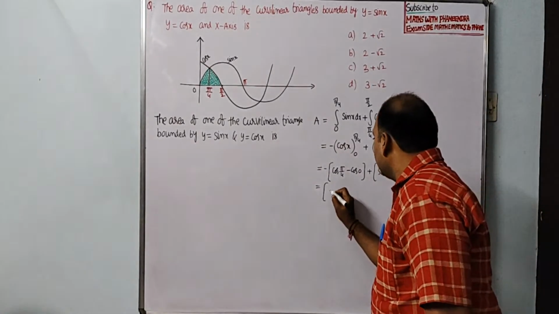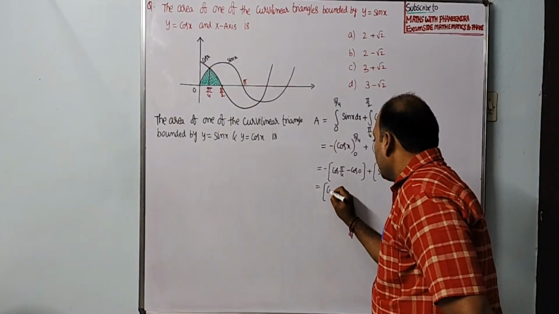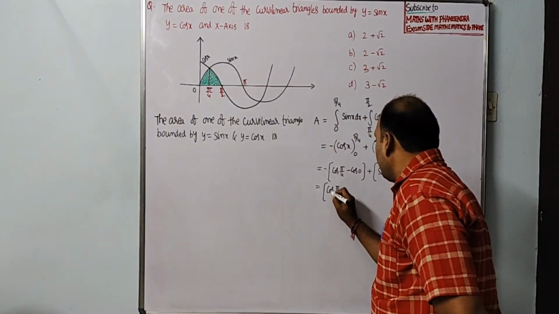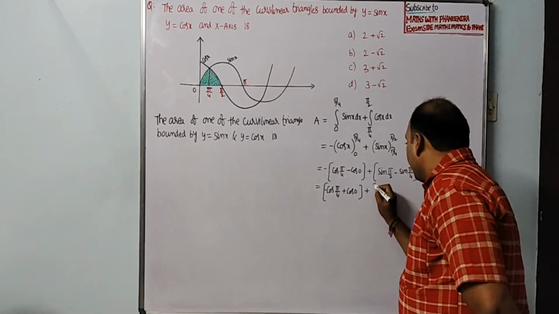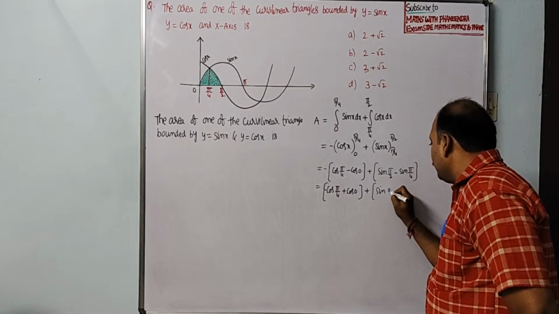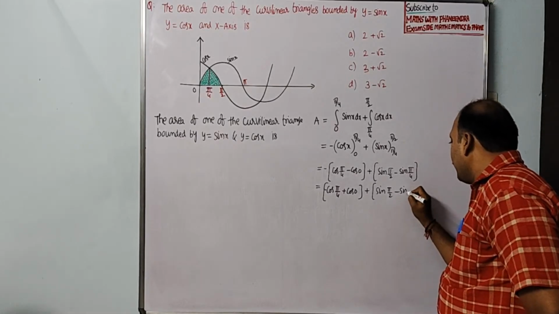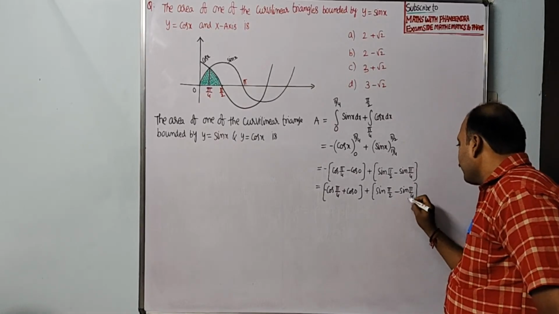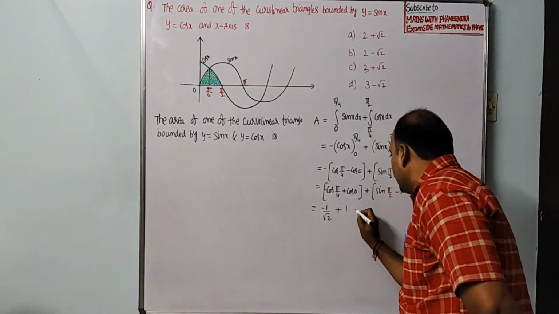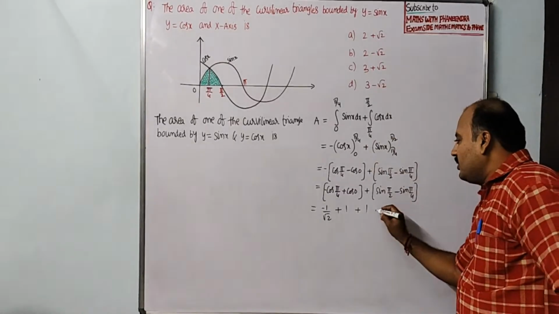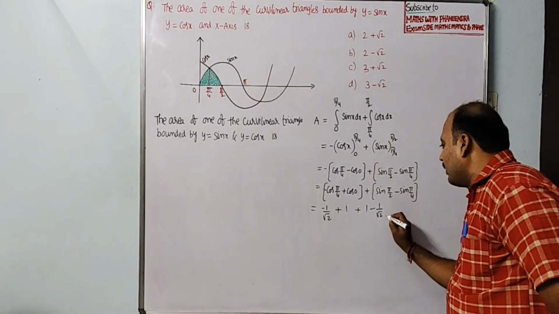So which is equal to minus cos pi by 4 plus cos 0 plus sin pi by 2 minus sin pi by 4, which is equal to minus 1 by root 2 plus cos 0 is 1, plus sin pi by 2 is 1, minus sin pi by 4 is 1 by root 2.